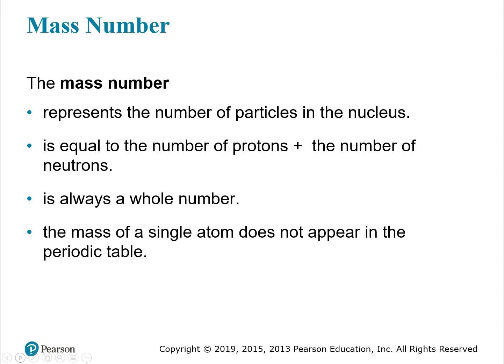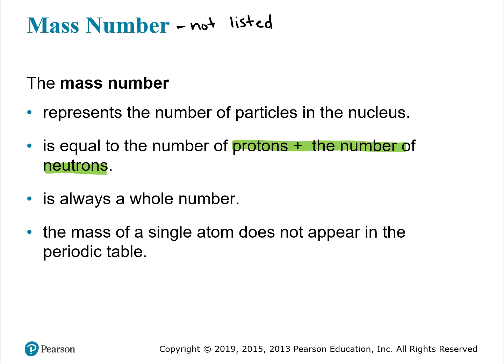In addition to the atomic number, there's also a mass number. The mass number is not listed on the periodic table. It represents the total number of particles in the nucleus. And remember that that means we've got a total of protons plus the number of neutrons.